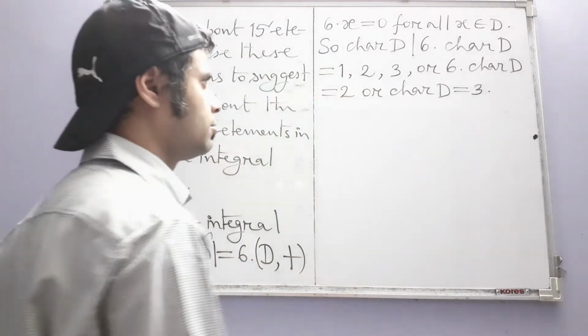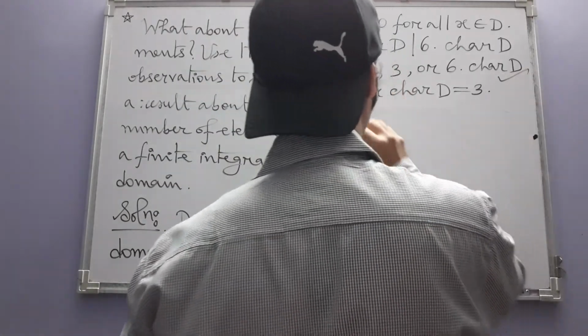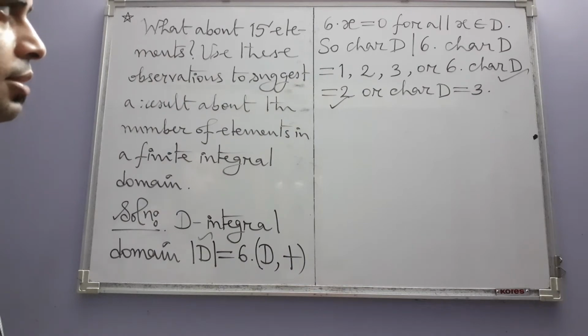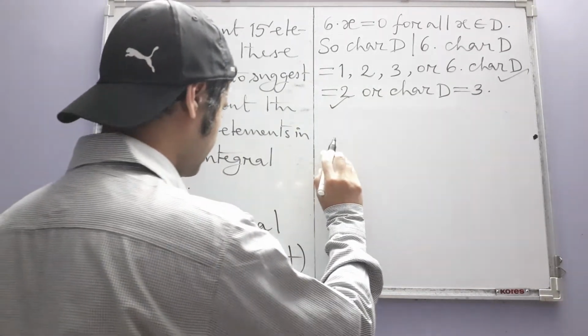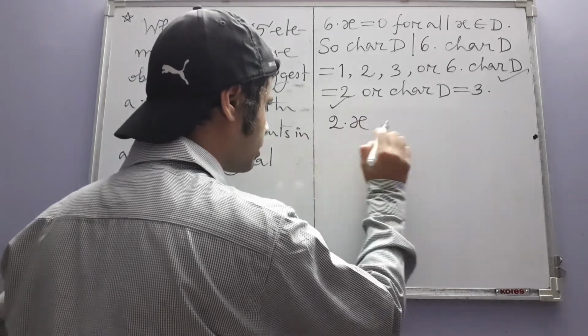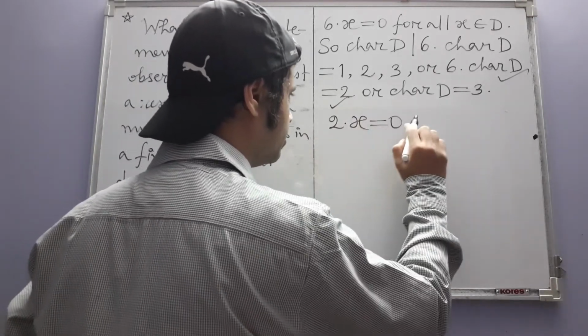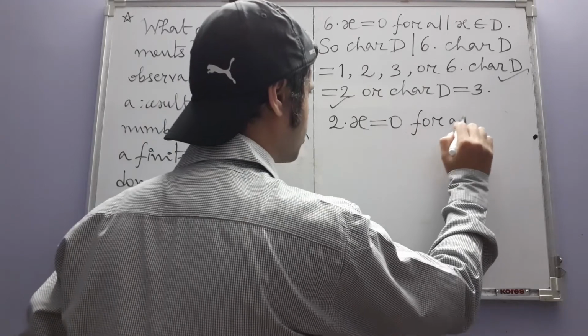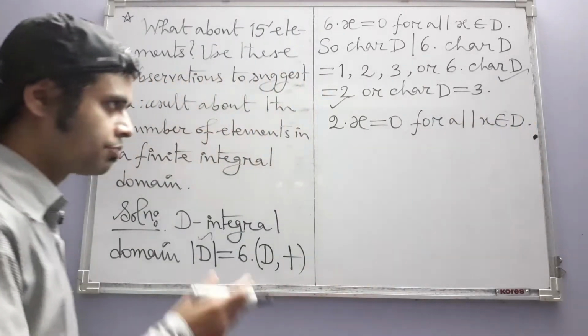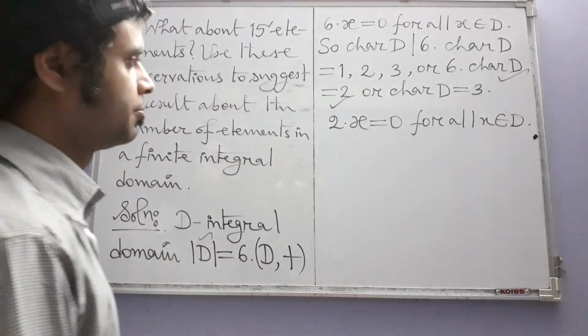Now if you suppose that the characteristic of D is 2, then you have the fact that 2 dot x is equal to 0 for all x belonging to D from the definition of characteristic.